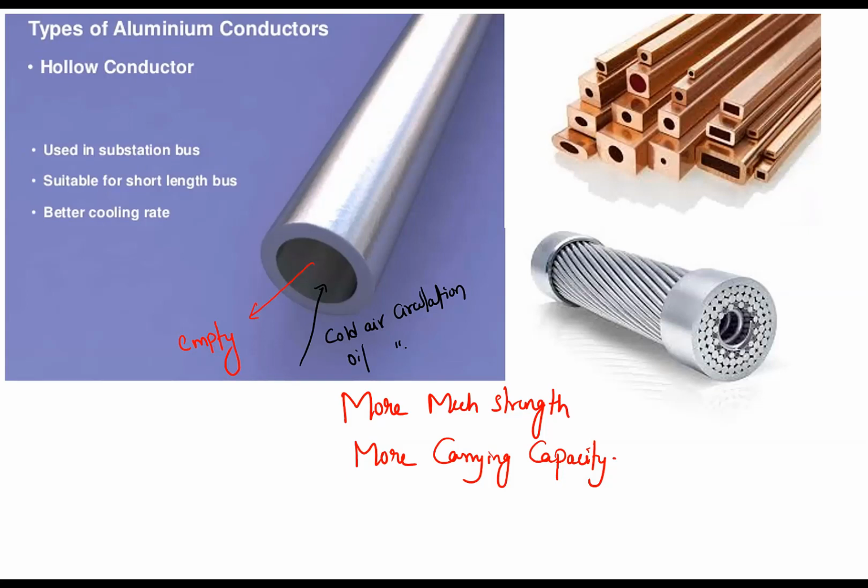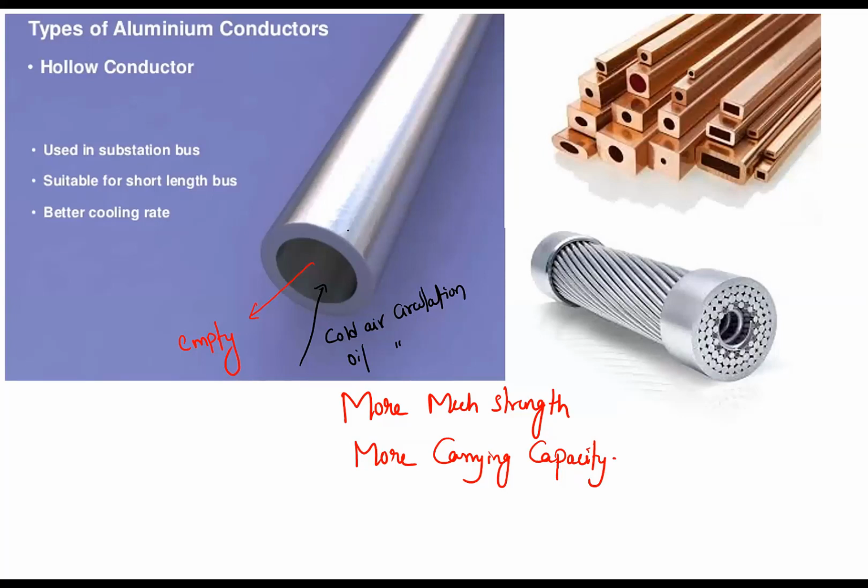Now the second point which you have to observe is where so much heat is produced, in those conductors which are carrying very heavy current. Where will the current be highest? Current will be highest at the bus bar.